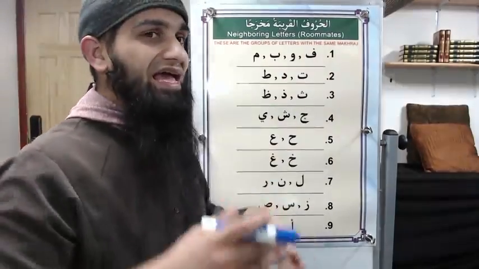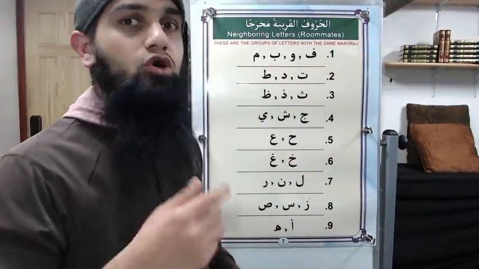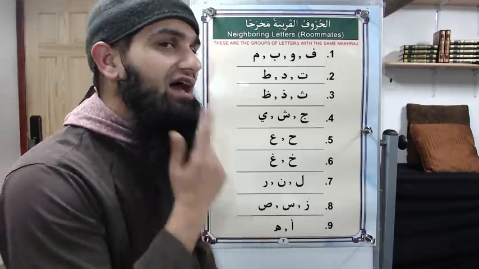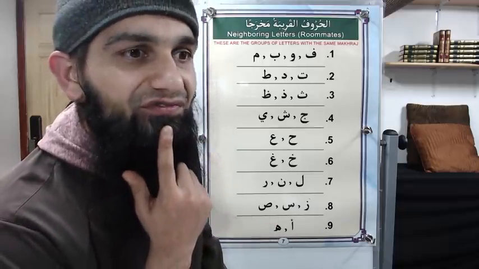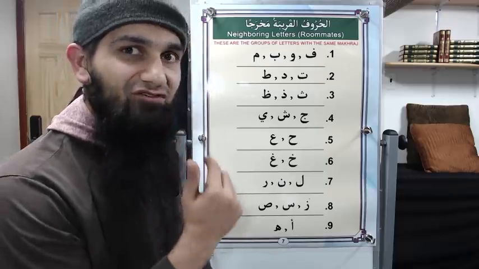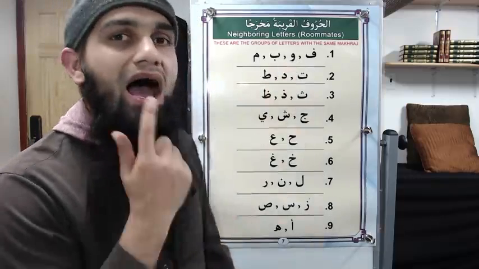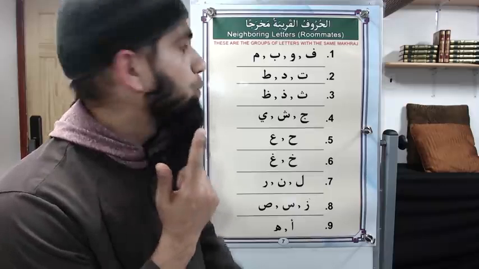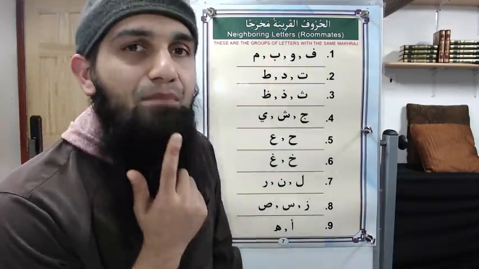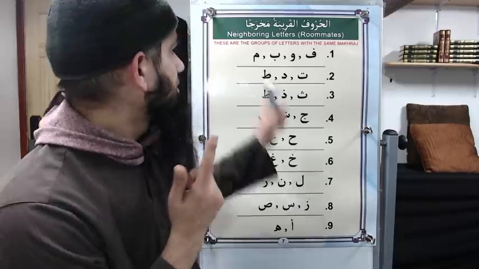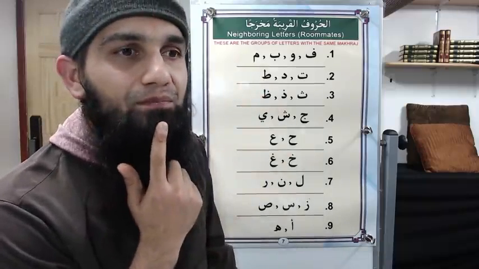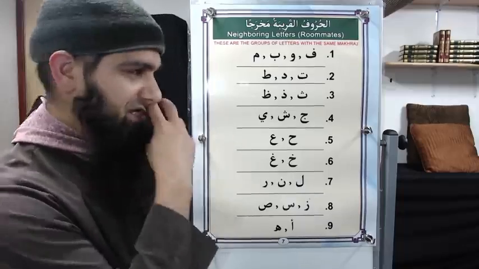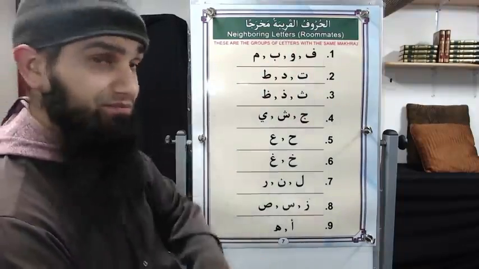So Fa, if we place the A before it, F. Say F. That's the sound. Aw. Ab. Am. So this is how we know the sound of each letter. All of these come from the lips.